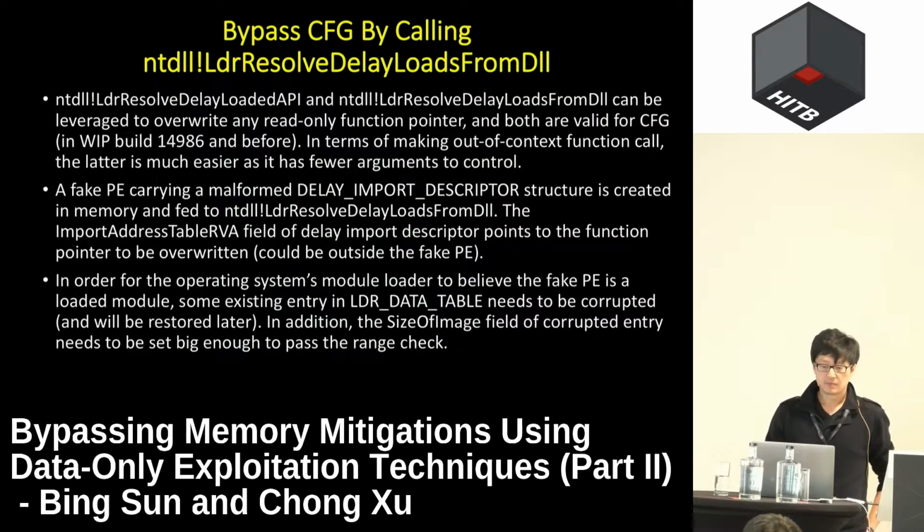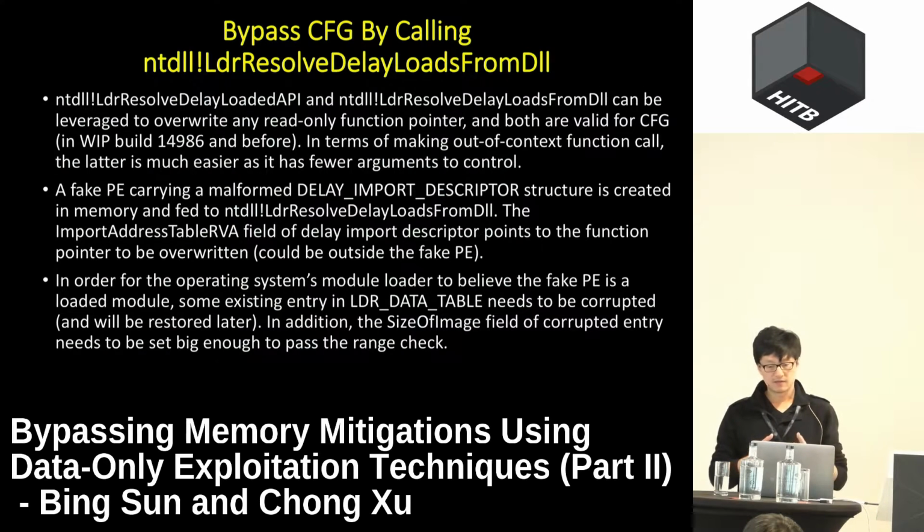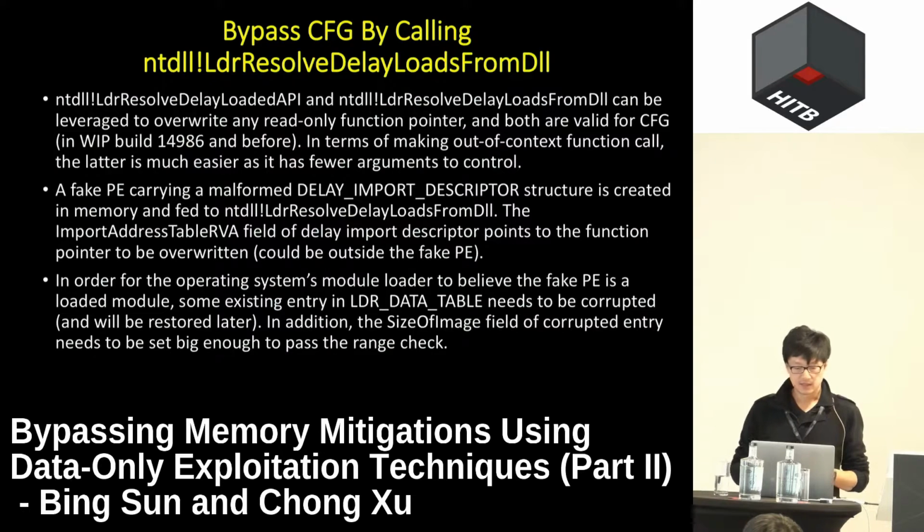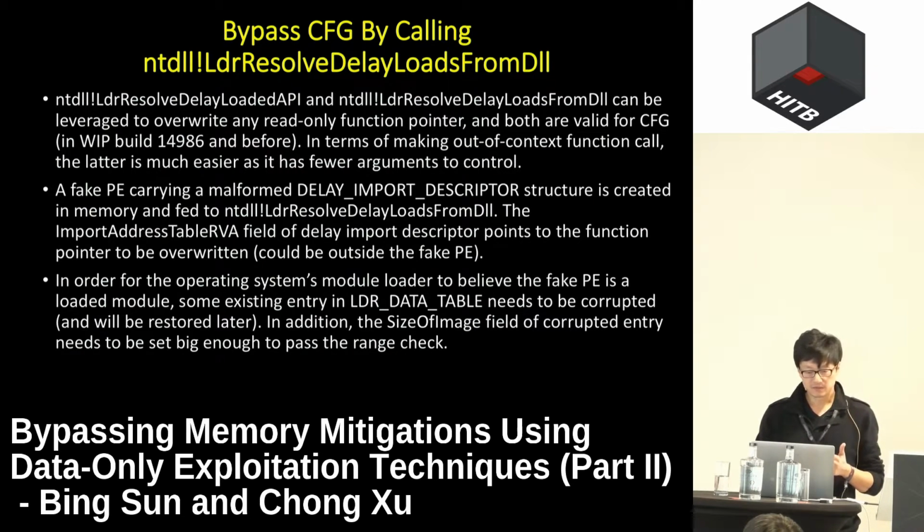From the previous explanation, we now know the native API resolve delay loaded API can be leveraged to overwrite a read-only function pointer. Actually, there's another API called LdrResolveDelayLoadsFromDll that can achieve the same goal.